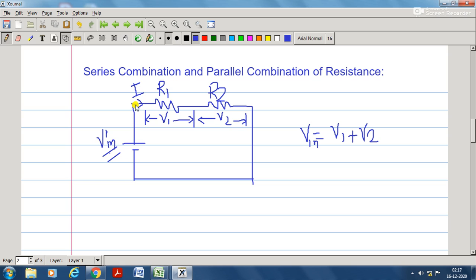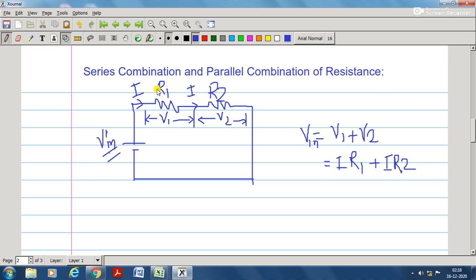The current I enters R1, leaves at the other end of R1, then enters the front end of R2 and leaves at the last end of R2, and in this way it flows through the circuit. So here V1 can be found by I into R1. In a similar way, V2 can be found as I into R2.